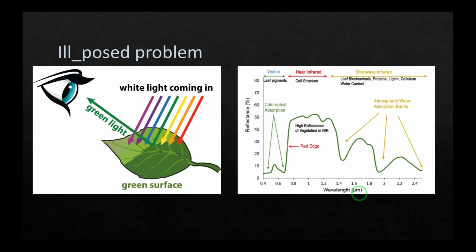But how can we solve this problem then? Just very quickly, we see that we have color here, which has three variables, but this is the visible spectrum here, which has at least 31 unknowns.